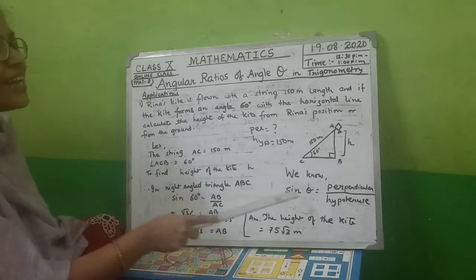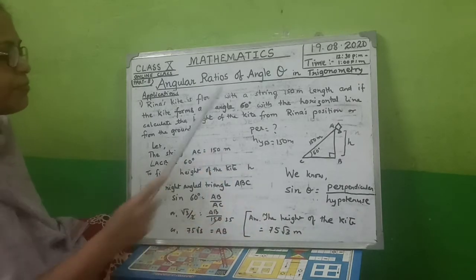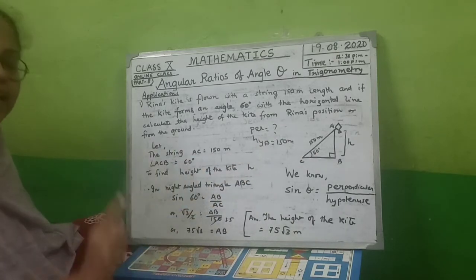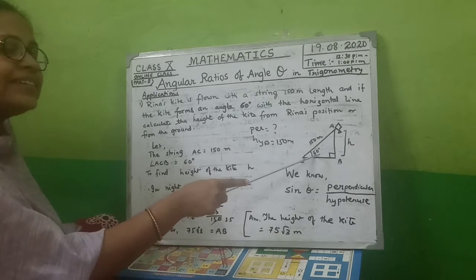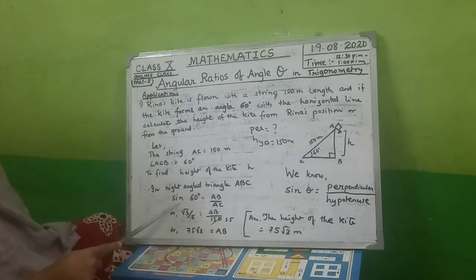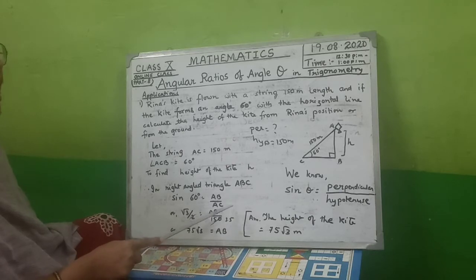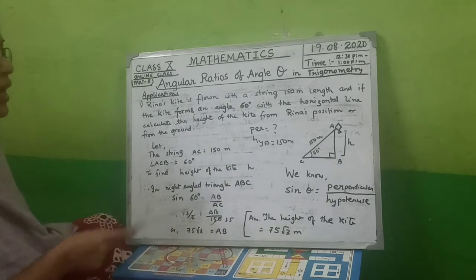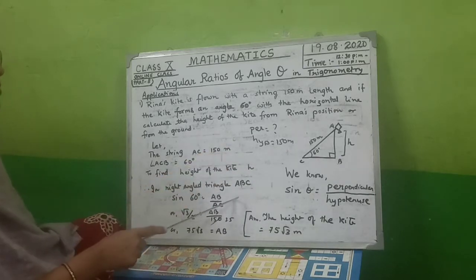So instead of any other ratio, we'll just apply sine 60 degree. Sine 60 degree is what? Perpendicular by hypotenuse. What is perpendicular? Perpendicular is AB and hypotenuse is AC.